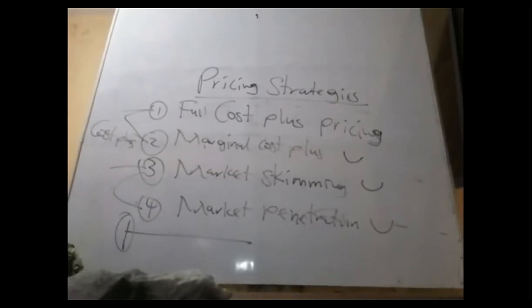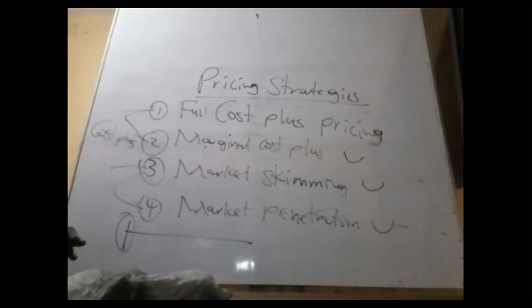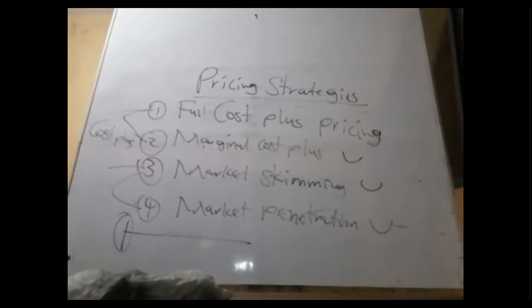Don't forget that you can never be unique forever. Somebody can copy your uniqueness and outsmart you. So before that person copies you, you've made your money already. So that's market skimming, charging higher prices at the initial stage of the product.